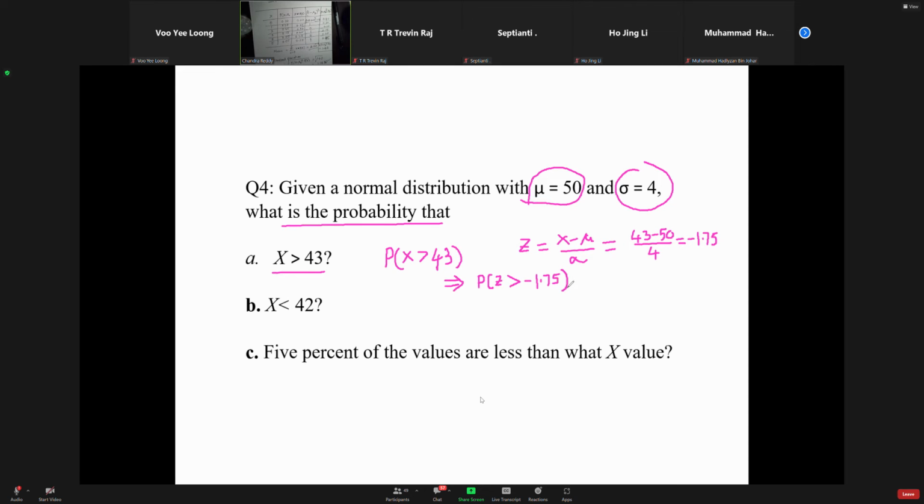Now, can you look into the Z distribution tables and let me know the value for negative 1.75? You can imagine the curve like this.